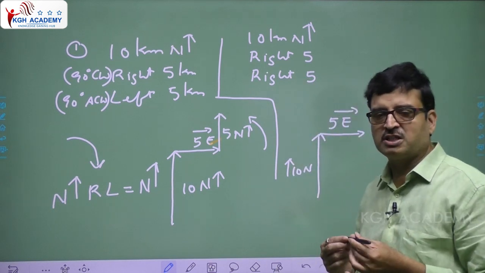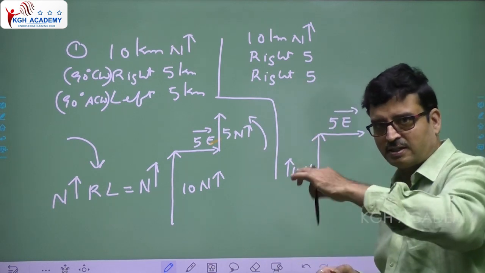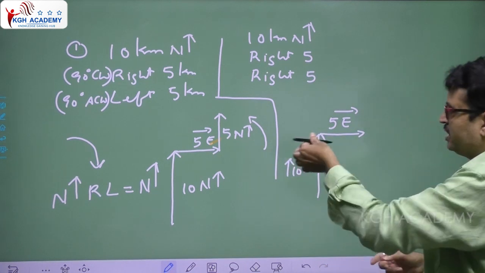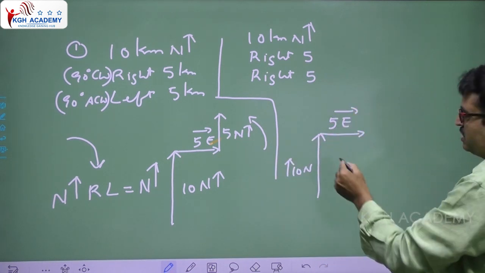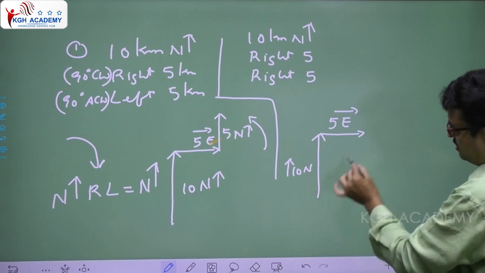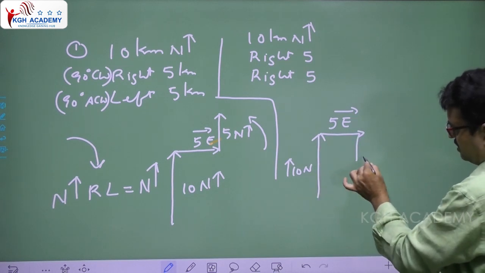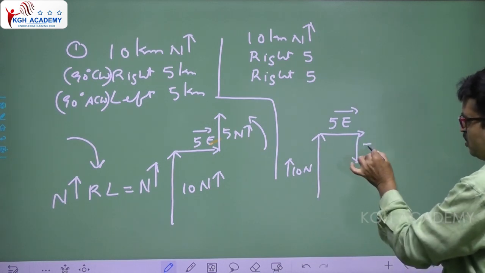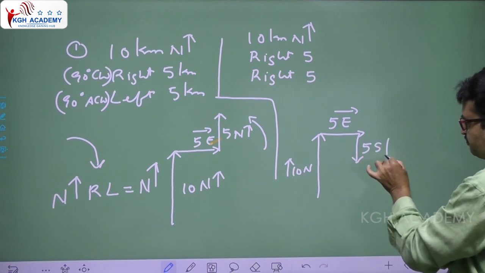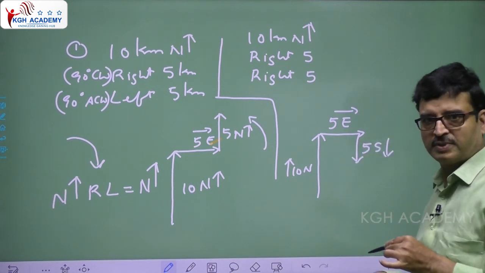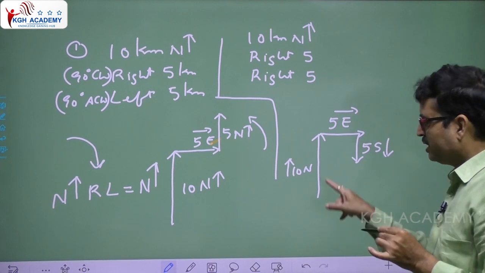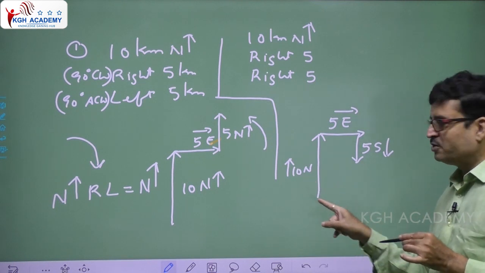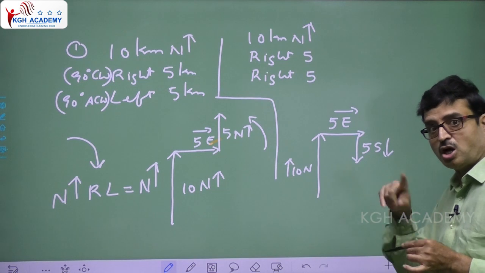So right means when a person is facing eastern direction, he turned right. Right is equal to south direction because he turned right like this, clockwise. So 5 kilometers, exactly half. Now which direction is he facing? South direction. So initially he started in the north direction, finally he is facing the south direction, the opposite direction.